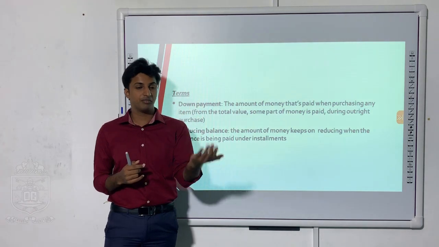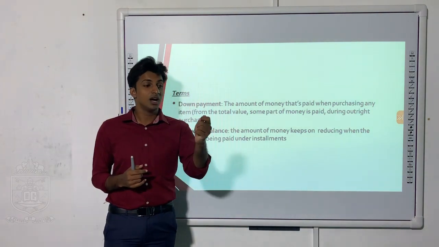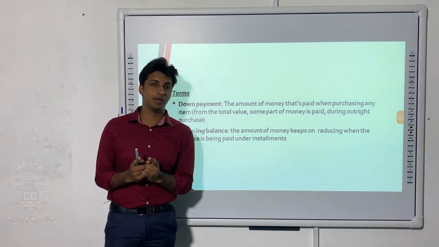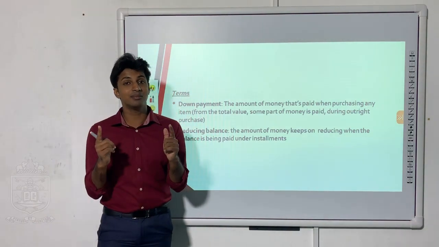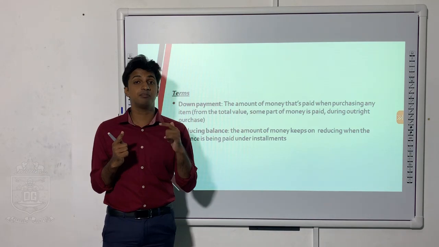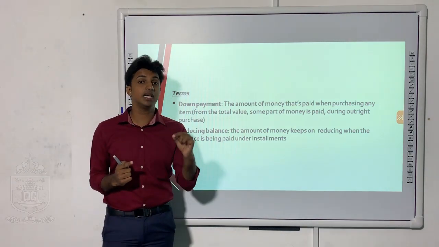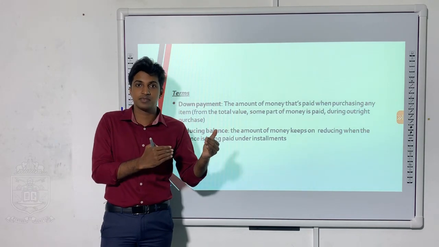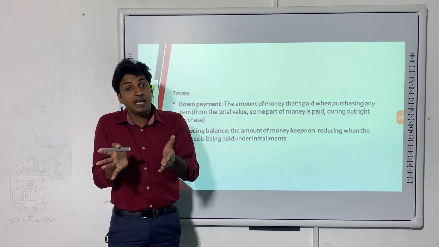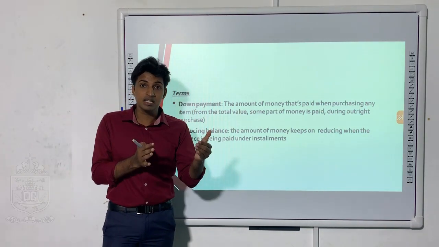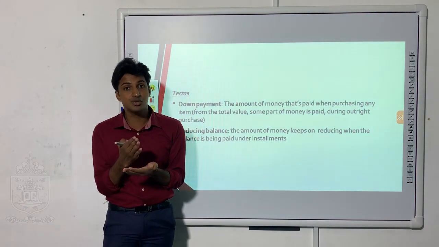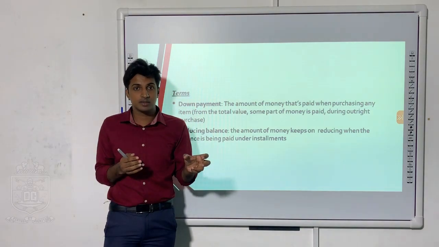I have a remaining amount of 30,000 to be paid, and that remaining amount is paid under monthly installments, in parts. But when you're paying the remaining part in parts, you will always get an added interest to every installment.